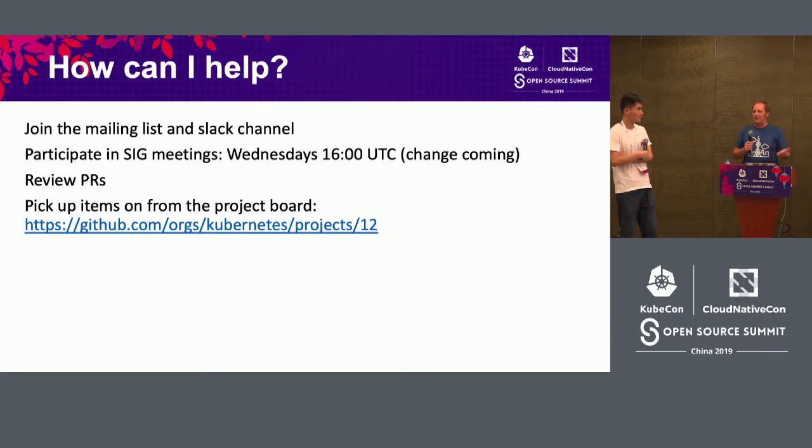You can also get involved in contributing to the community, starting with filing issues and reviewing PRs. So it's basically getting involved in the engineering. If you want to figure out where you can contribute, we maintain a GitHub project board, and here's the link to it.